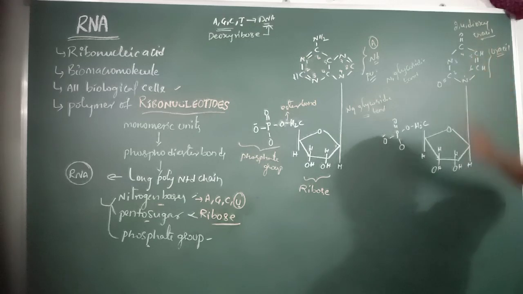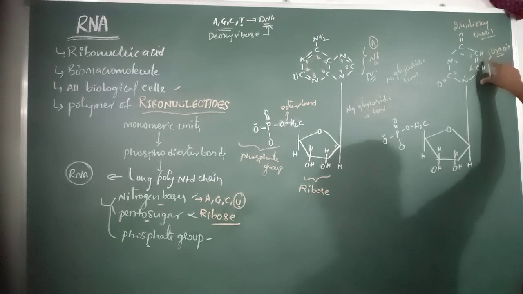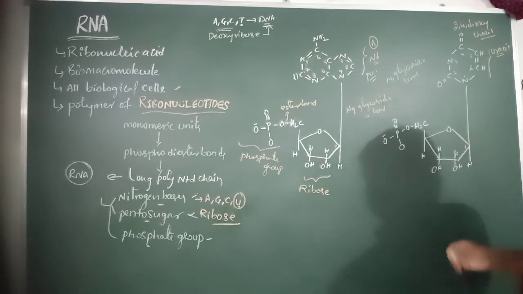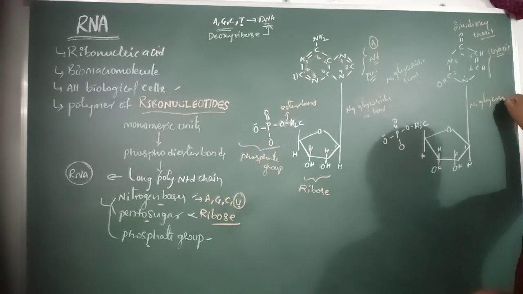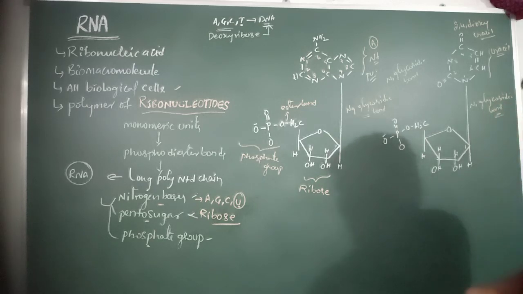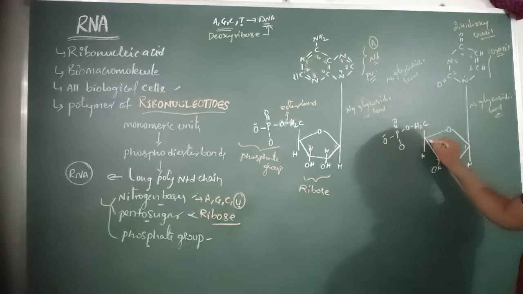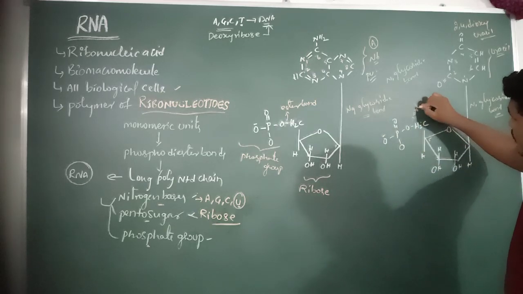The uracil is attached to the pentose sugar at the first carbon atom by an N1 glycosidic bond. The phosphate group or phosphoric acid is attached to the fifth carbon atom of the pentose sugar by an ester bond.